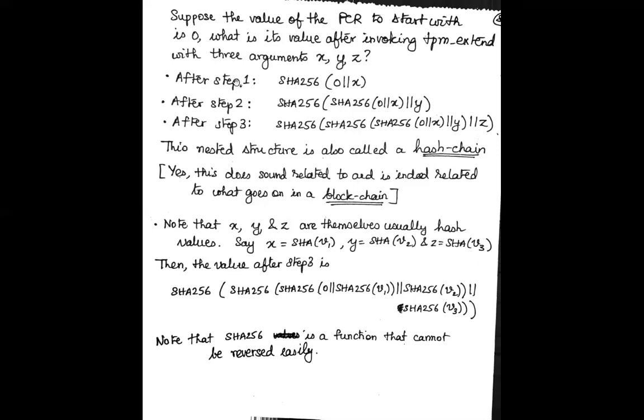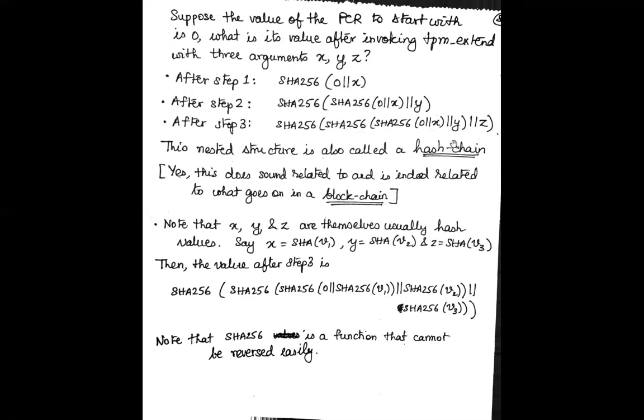After step 1, the value will be SHA-256 of 0 concatenated with X. After step 2, it is SHA-256 of this value concatenated with Y. And after step 3, it is SHA-256 of this value concatenated with Z. So you can see it's like a nested hash function. There's a certain structure that evolves of what value is stored.